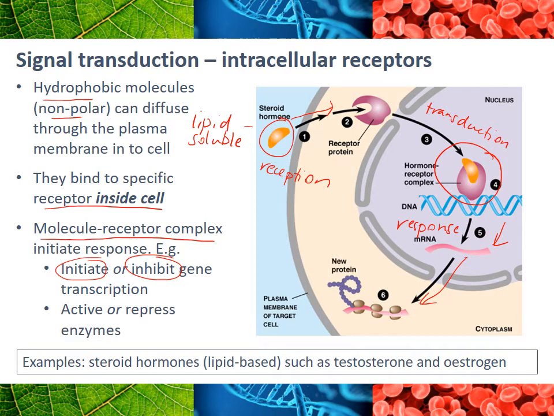Another thing that a response might be would be to activate or repress enzymes. Any of these things will have effects on cell functioning. It might be turning something on or turning something off. Some examples of molecules that are hydrophobic and will go into a cell are steroid-based hormones. Steroid hormones are lipid-based. Testosterone and estrogen are examples of that. They can go into their target cell and carry out their response.